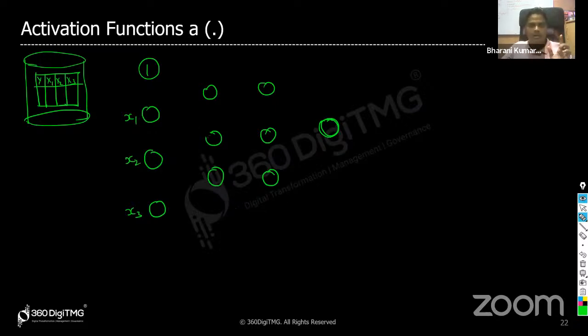Let me put it this way: every neuron, apart from the input layer neurons, will have both components, integration and activation. Integration, activation; integration, activation; and then finally integration and activation at your output. This is called the input layer.